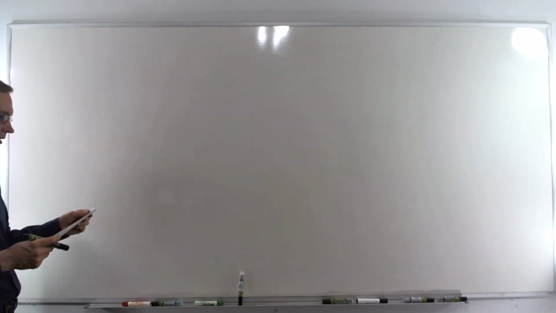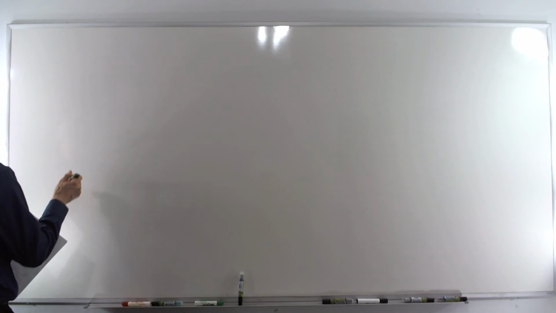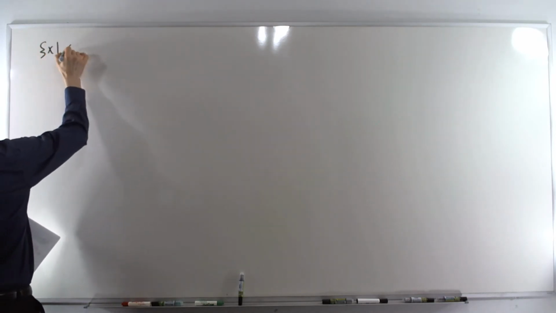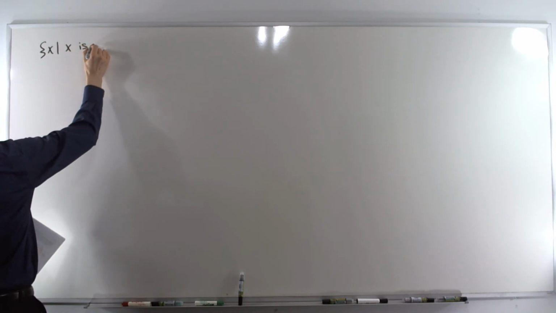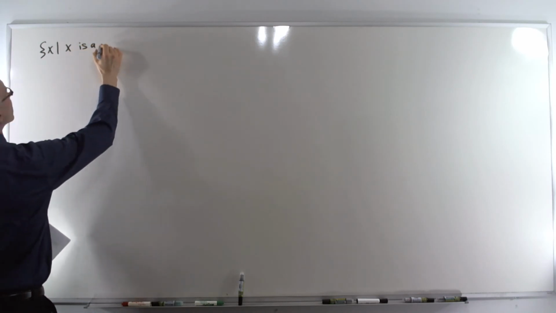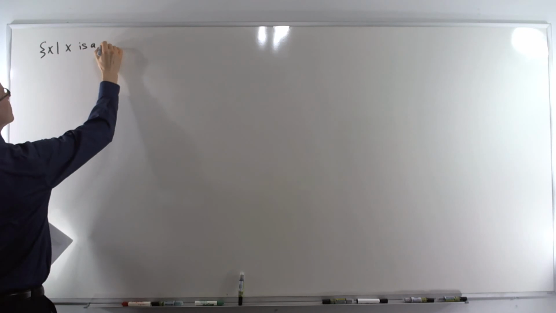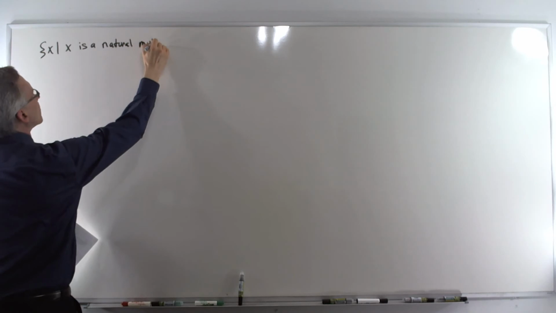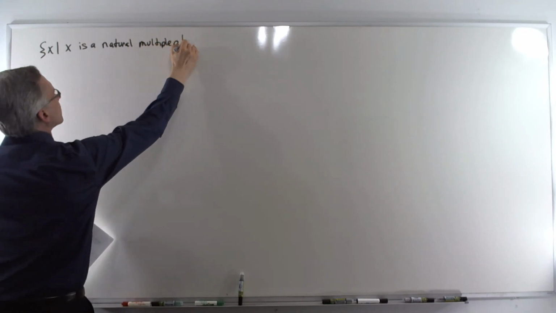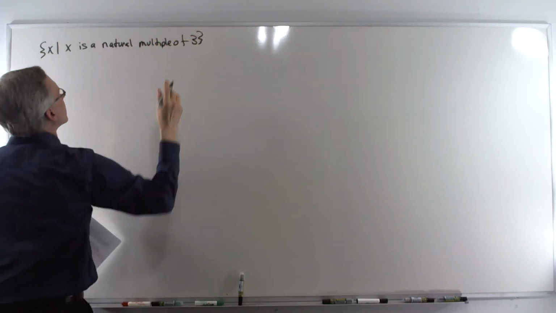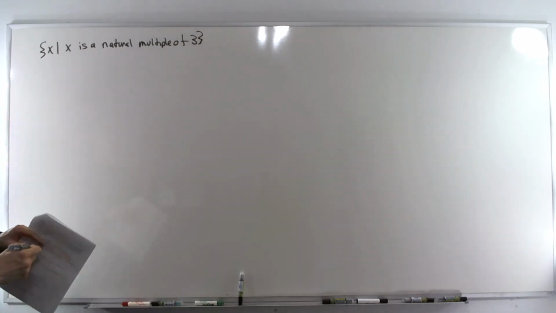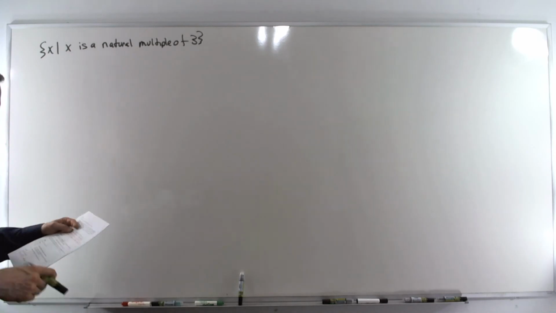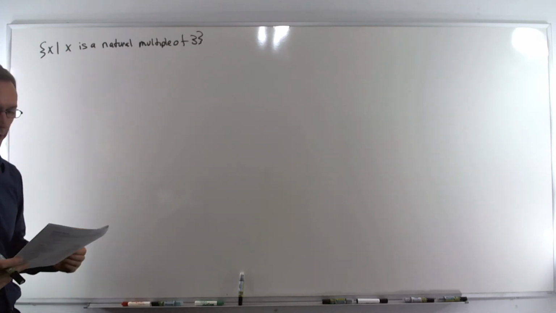We could say something like x such that, I'm going to write it a little concisely as a natural multiple of 3. So a natural number that is a multiple of 3. And that gives us 3, 6, 9, 12, and 15.